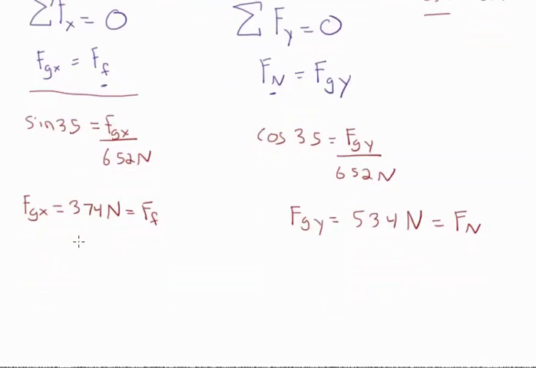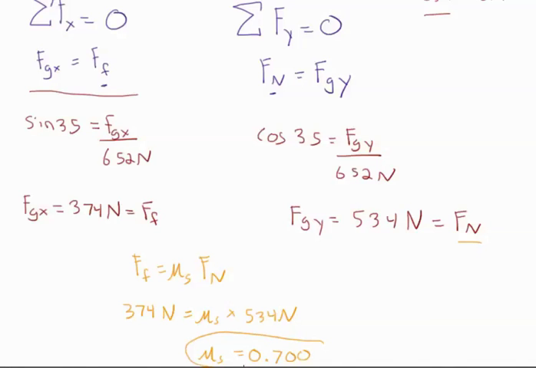So friction is equal to our coefficient of friction times our normal force. So our frictional force is equal to our coefficient times our normal force. And when we divide, and we round to the appropriate three significant figures, we get that the coefficient of static friction is 0.700, and it's unitless because our newtons cancel each other out.